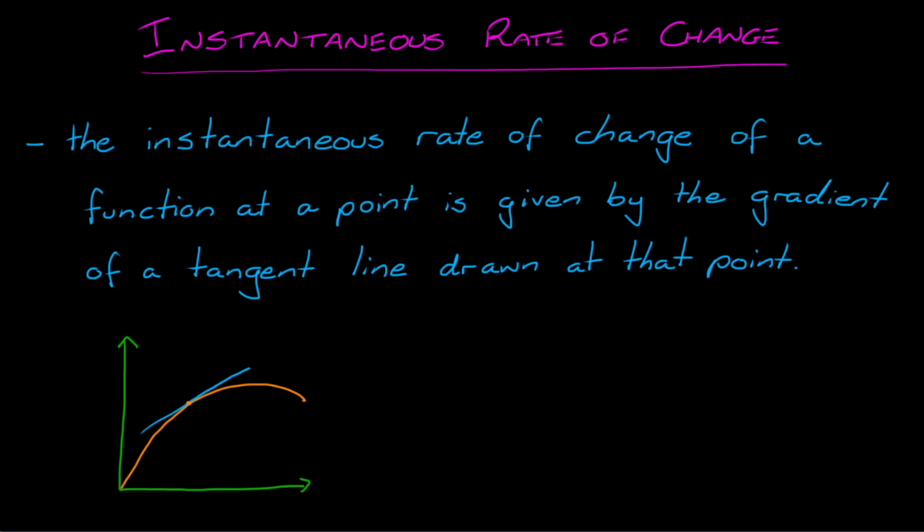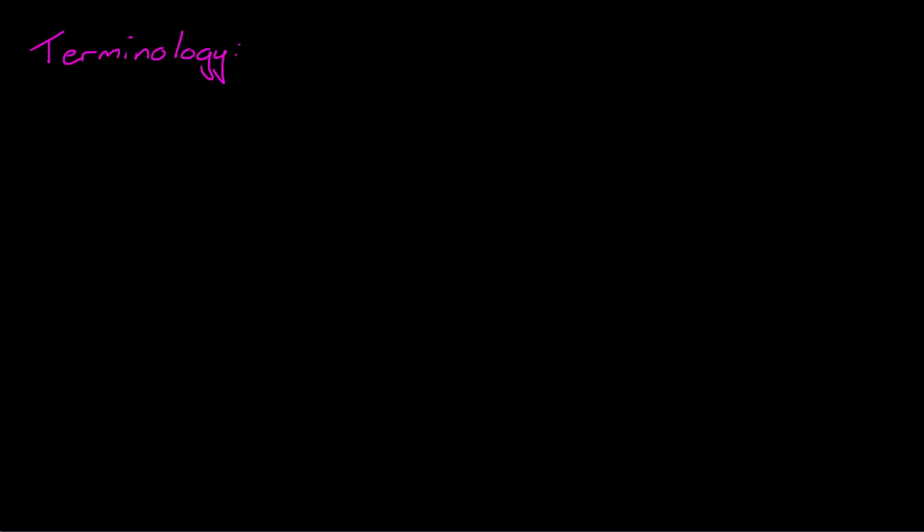Once we've drawn our tangent line, we can take any 2 points on that line, which will have coordinates x1, y1, and x2, y2, and we can simply calculate the gradient. And this will give us our instantaneous rate of change.